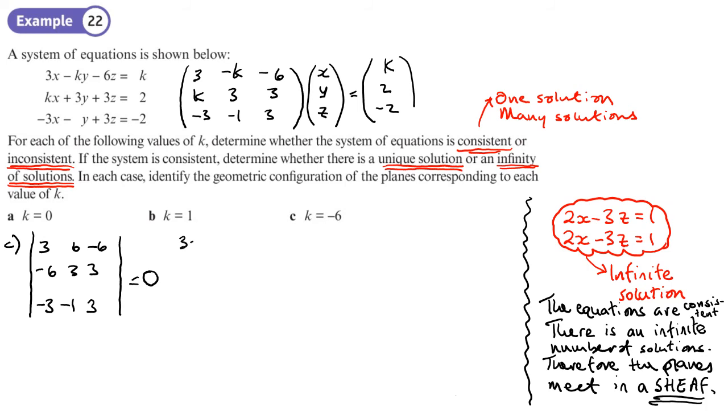So that'll be 3x plus 6y minus 6z equals k, so that's going to be -6. Second equation, -6x plus 3y plus 3z equals 2. And last one, -3x minus y plus 3z equals -2.